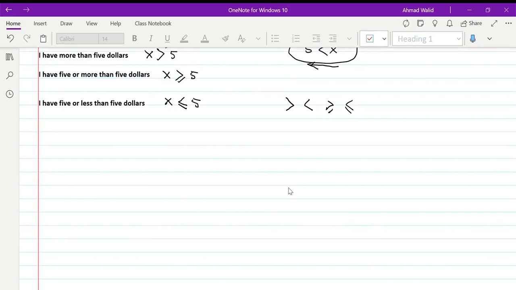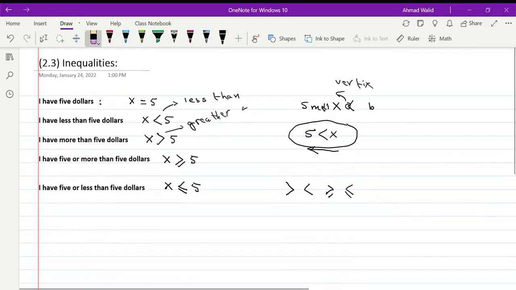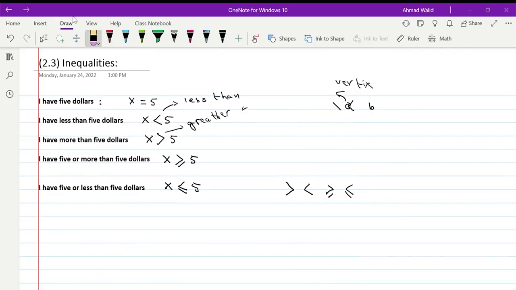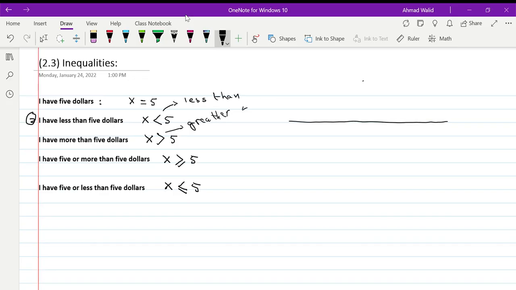For sentence number 2, let me erase a little bit of this side to show it here for you. I have less than $5. If you draw your number line, correct? This is your number line.